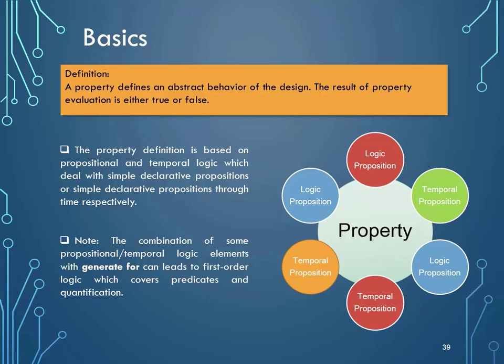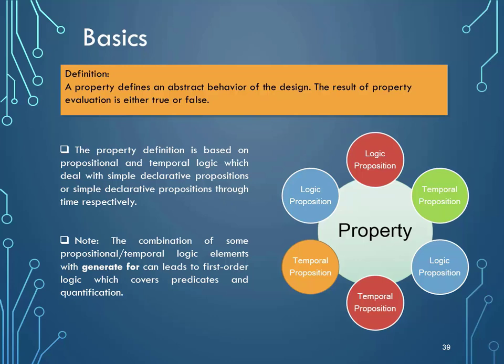The combination of some propositional, temporal logic elements with quantifiers can lead to first order logic. And this is just going to the basics, what your simulator is going to take into account, okay? Your simulator is built in such a way that it takes into account these rules to know where to check these formalities, just to let you know.